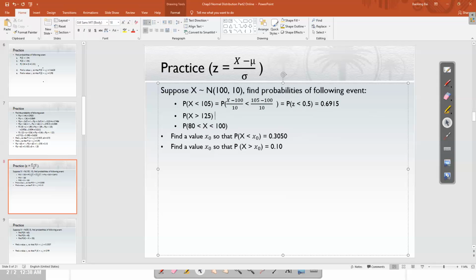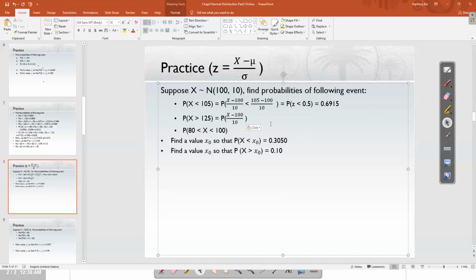And for the second, the same deal. We want to standardize the event just like what we did on the first one. But the sign here is greater than, so just copy the greater than sign as is. On the left, x minus mu divided by sigma is the same as above, but on the right, the x value is not 105 anymore, it becomes 125, right?